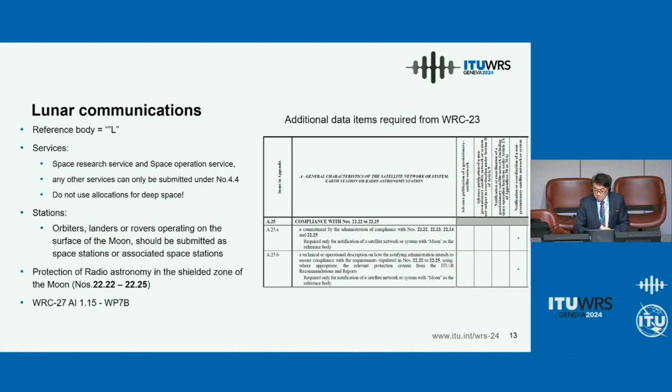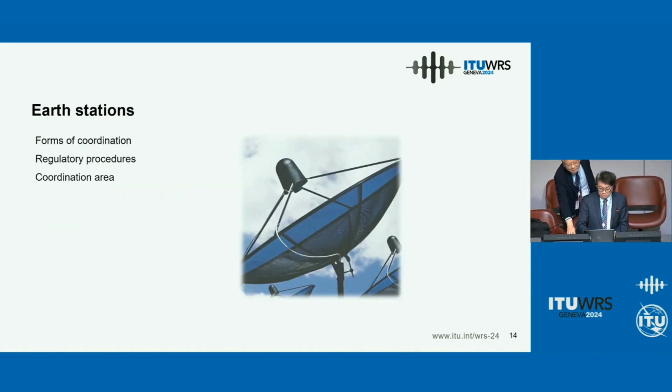Most common is 9.17 and 9.17A. 9.17 is for specific or typical Earth stations in respect of terrestrial stations. And 9.17A is for Earth station in respect of other Earth station operating in the opposite direction of transmission.